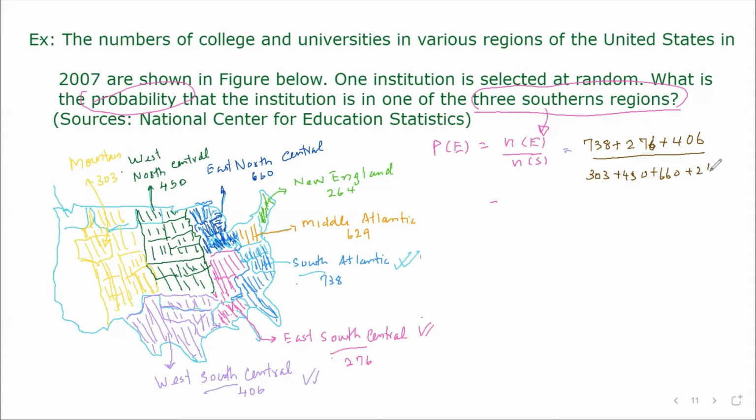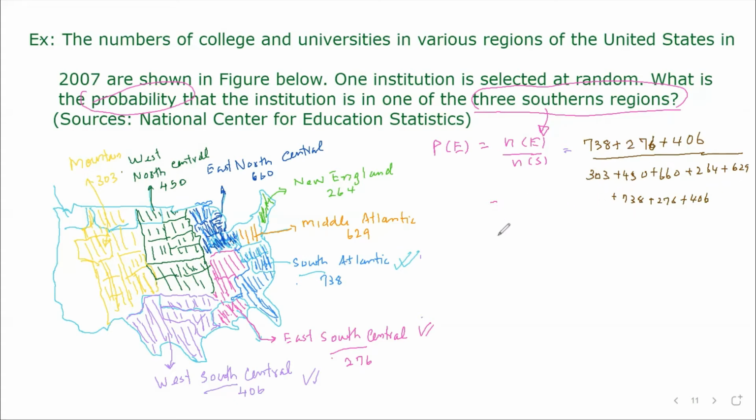Plus 264 plus 629, and then also plus 738 plus 276 plus 406. So the bottom, this denominator, is NS and the top is NE.